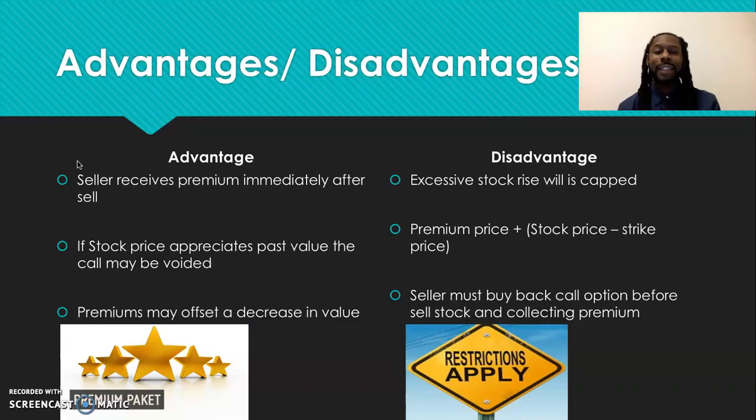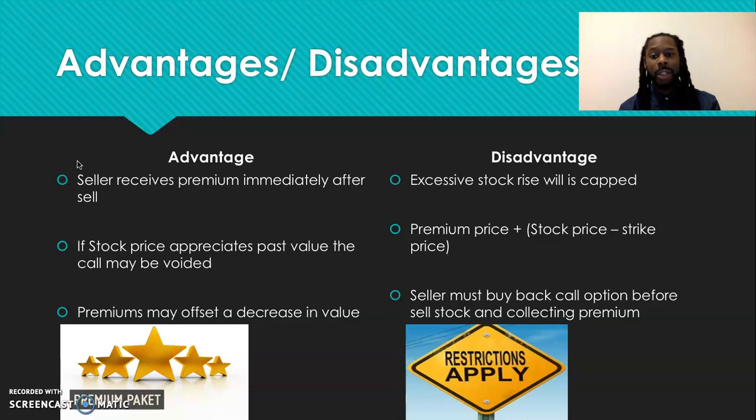The advantages and disadvantages. Advantages: the seller receives the premium immediately after they sell the call. If the stock price appreciates past the value, the call may be exercised, which means there's a ceiling, and if your value exceeds that ceiling, you may be subject to only claim up to that ceiling due to the call that you sold. There are also premiums that may offset a decrease in value, because no matter what, you're still going to receive that premium.